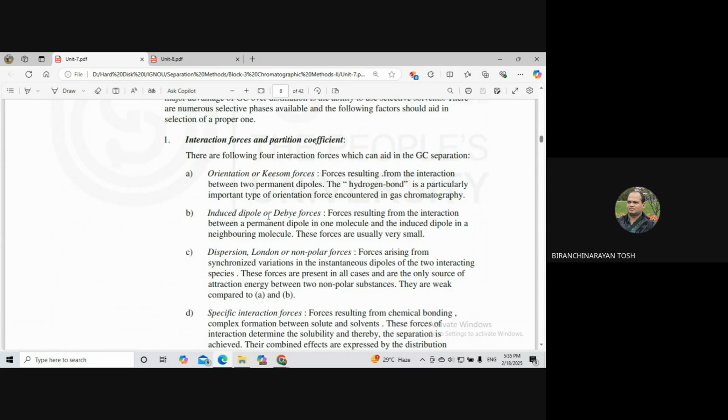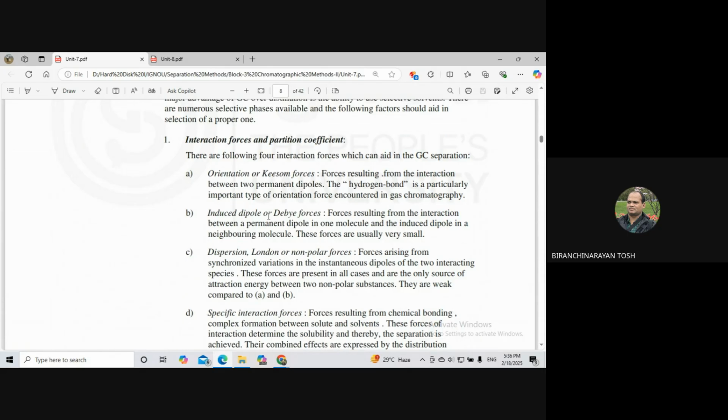The force resulting from the interaction between a permanent dipole in one molecule and the induced dipole in a neighboring molecule. This force is usually very small. Then the dispersion, that is London or non-polar forces: forces arising from synchronized variation in the instantaneous dipole of the two interacting species.